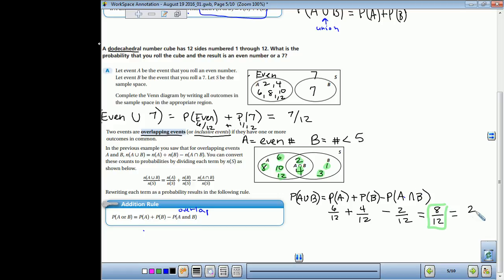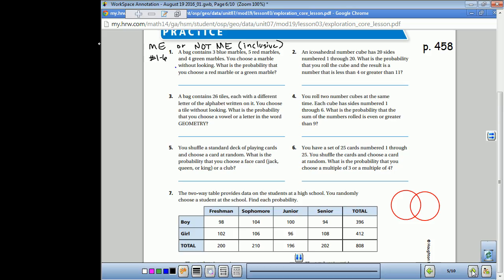Okay, so this would reduce to 2/3, and that's what I would write out as my answer. All right, let's flip over to page 458, and what we're going to do now is read number 1 and decide, is this representing mutually exclusive events, or are they not mutually exclusive, which we could call overlapping or inclusive. Okay, read number 1.